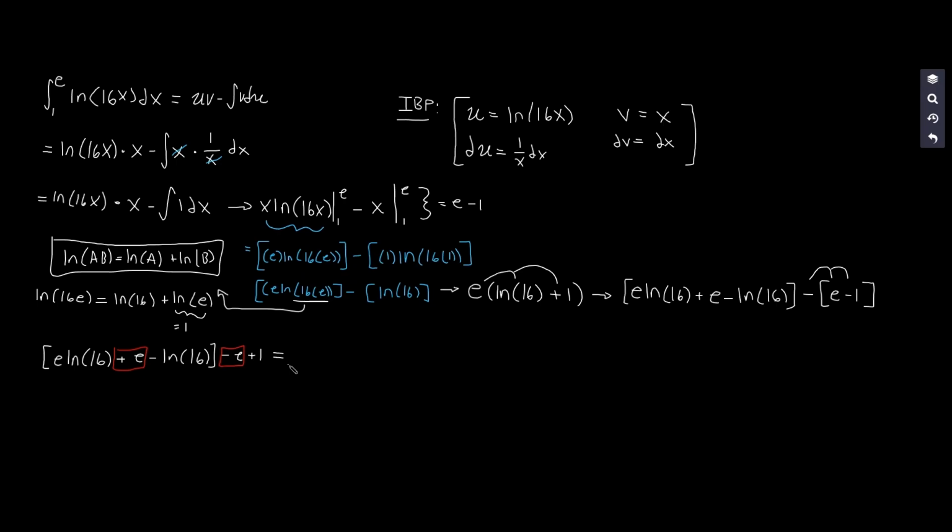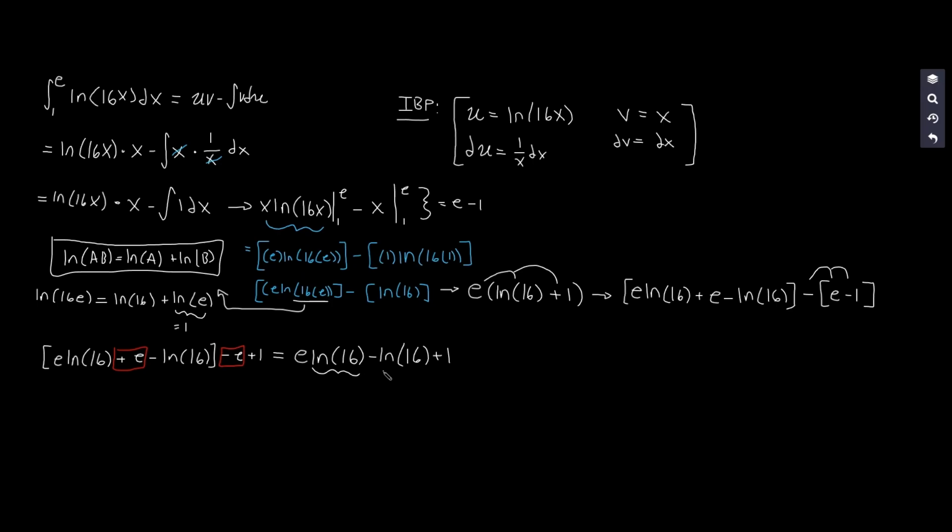What's going to end up happening is we're going to end up having e times the natural logarithm of 16 minus the natural logarithm of 16 plus 1.